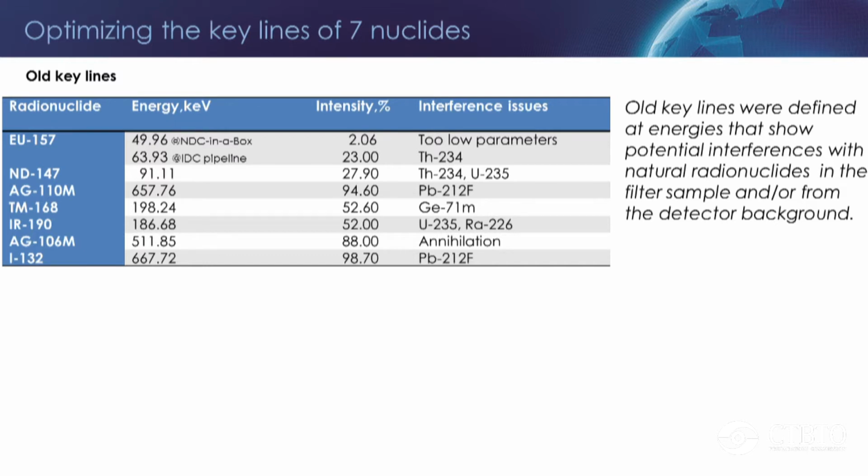This ended up in too many interferences with the natural radionuclides, and because the software is by design behaving in a safe way, those nuclides are kept in the automatic mode identification, and it's only interactively that analysts have to filter that out in manual mode.